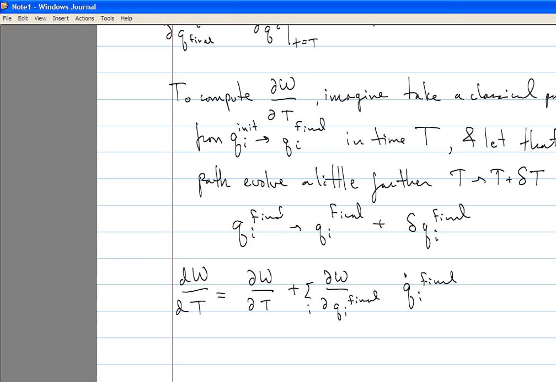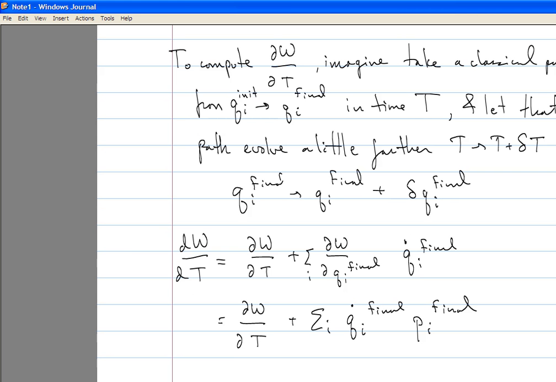And we already computed dW by dqi final. So this can be written as the partial derivative of the action with respect to t plus the sum over I of qi dot final times pi final. Okay, everyone with me so far?